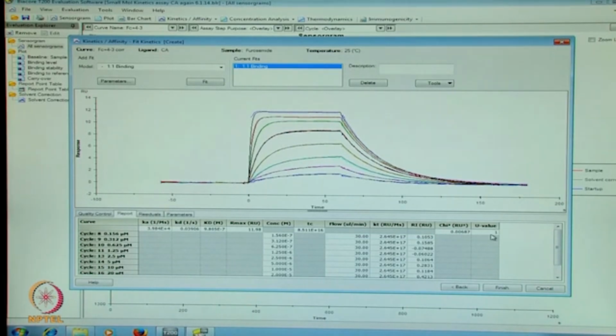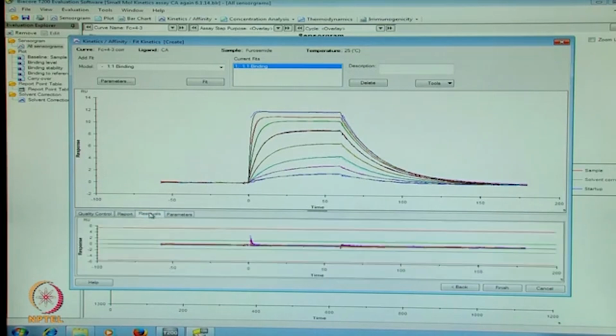So this data shows the interaction of furosemide with carbonic anhydrase is 9.8 into 10 to the power of minus 7 molar. With this, we go to the next tab and analyze the data.